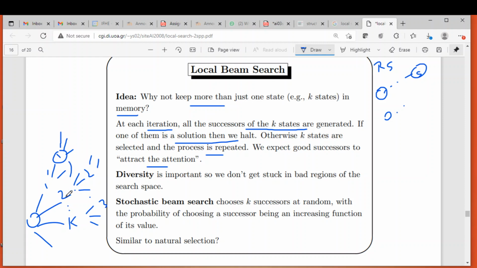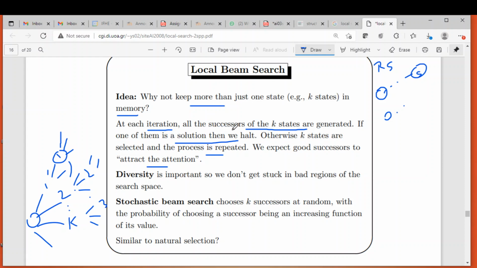The other instances of the algorithm will abandon their search and jump onto the one which has the best successor. That is one drawback of this algorithm.